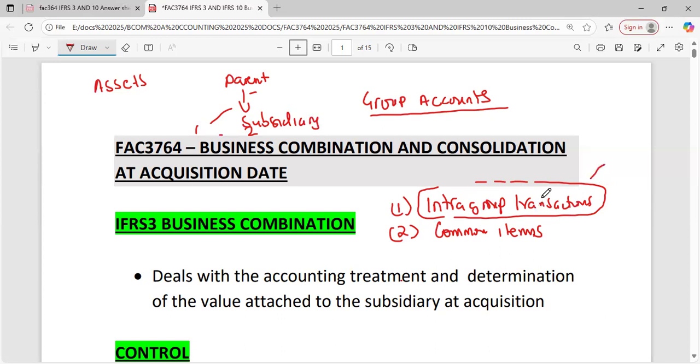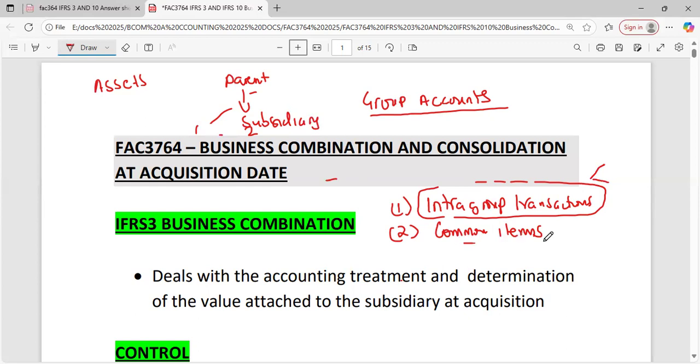That intra-group profit is going to be eliminated because a group cannot make profit to itself. So any inventory which was sold between the group, as long as it is still in one of the group members, we are going to eliminate that profit when we do our consolidation.